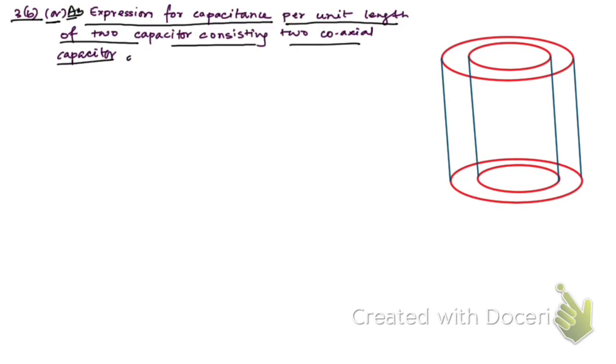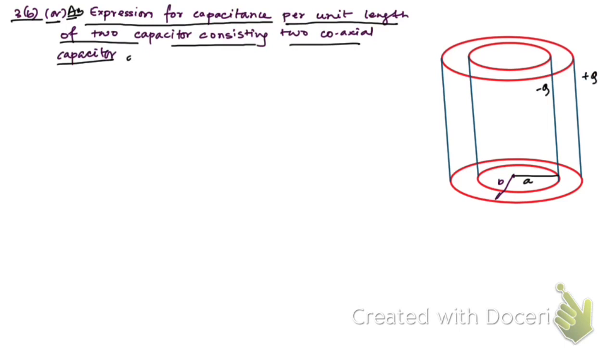So here we have, suppose, a capacitor with 2 coaxial cylinders, and the radius of the inner one is, suppose, small a, and the radius of the outer one is, suppose, small b. This radius is small b. Okay, so now these are charged with positive q and negative q charge, right?